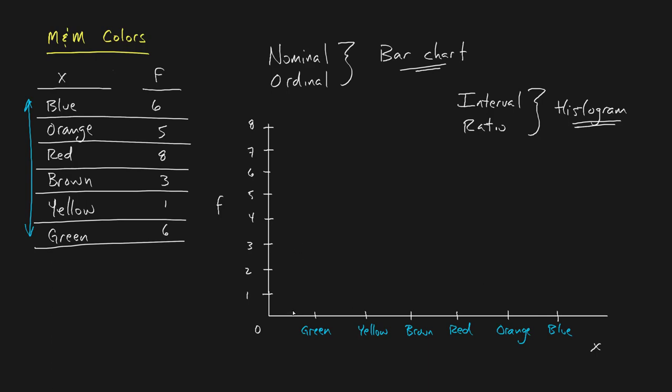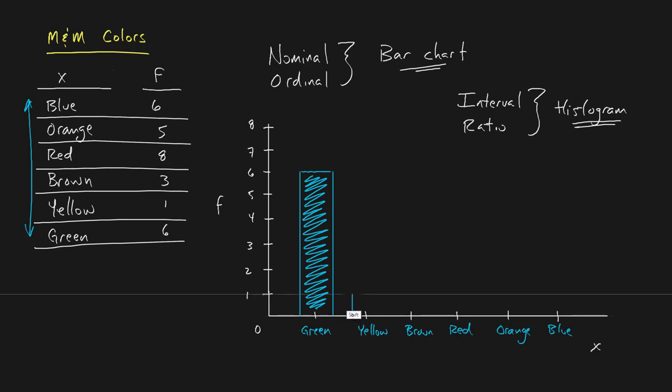So I'm going to bring this up to 6. So here is my first bar showing the frequency of green M&Ms, and yellow M&Ms that had a frequency of 1, and so that's going to be to there.